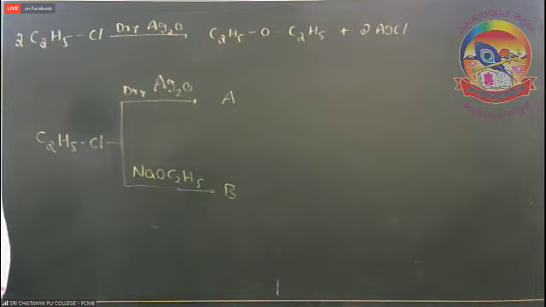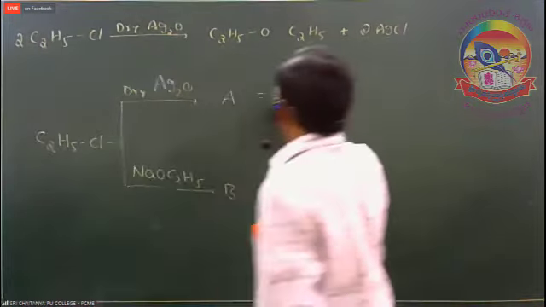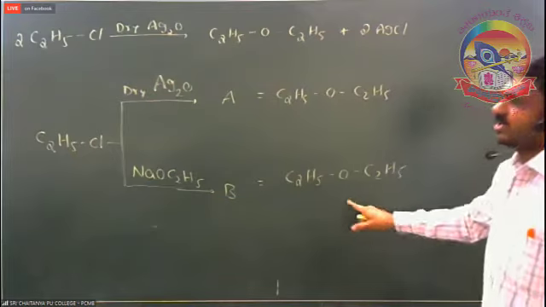Are they the same products or different? A is diethyl ether, C2H5OC2H5. B is also diethyl ether, C2H5OC2H5. So A and B are the same products.